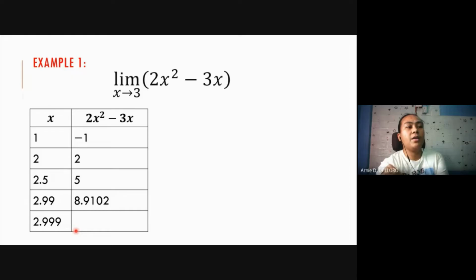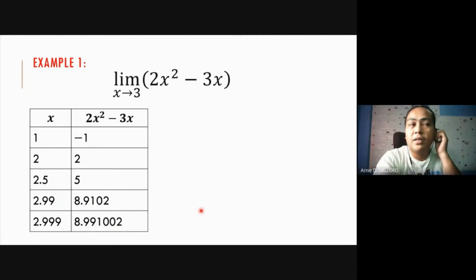And if x is equal to 2.999, the value of the function is 8.991002. If you notice, what is it pointing to? It started at negative 1, 2, 5, 8.9102, then 8.991002. Let's leave it for now since we are not yet sure.